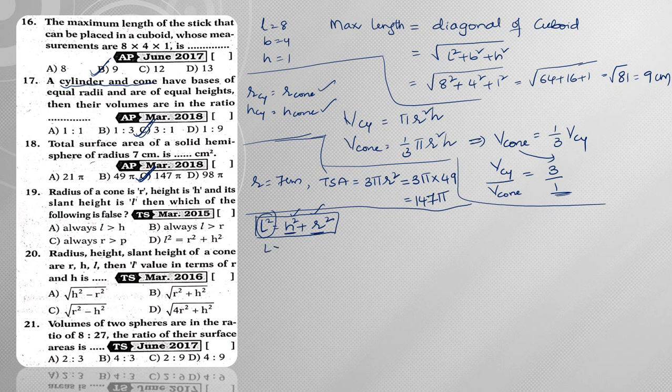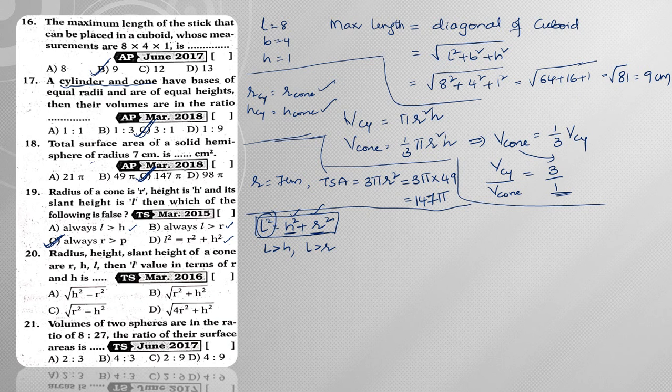Clearly I can say l will be greater than h and l will be greater than r. So the first option is true, the second option is also true, the fourth option is also true. Then always r is greater than. Option C we cannot say about it, hence option C will be the false statement.